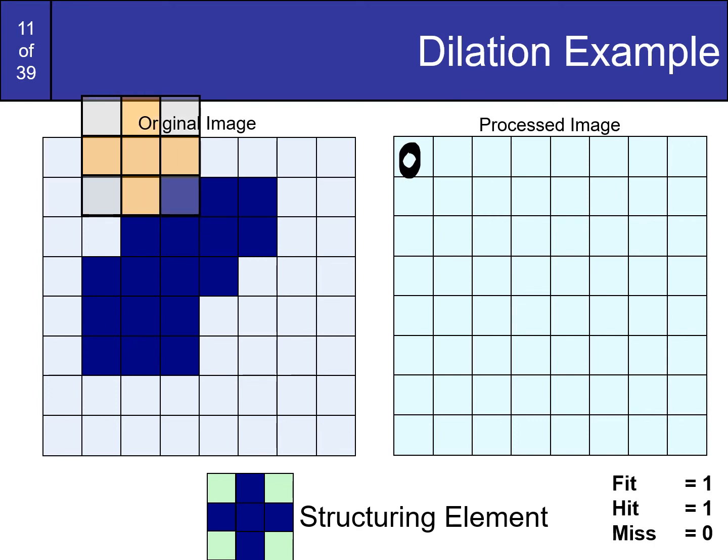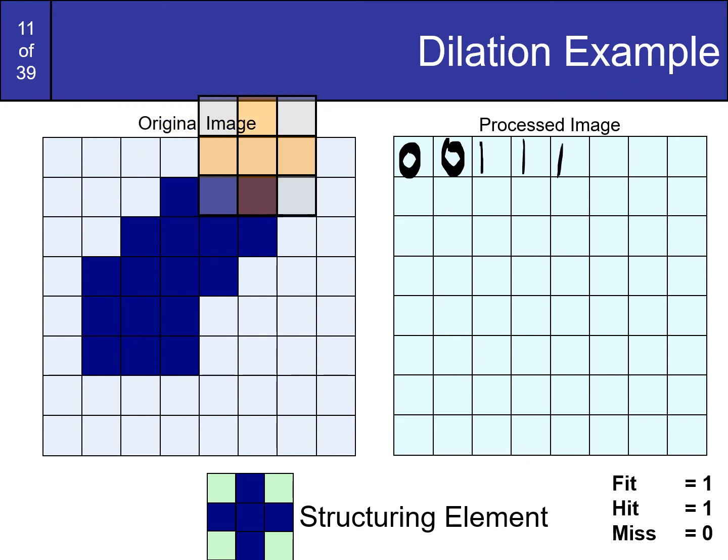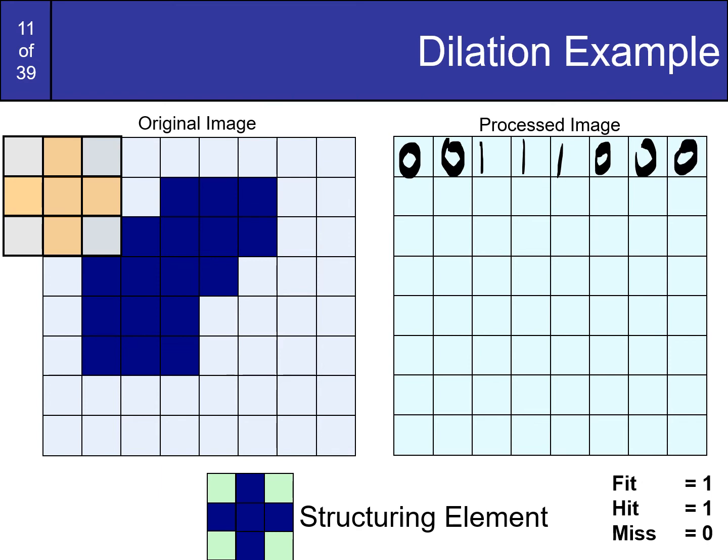Again miss, 0. Now we have hit 1, hit 1, hit 1, miss 0, miss 0, miss 0. Then the next line we start with a miss, miss again.